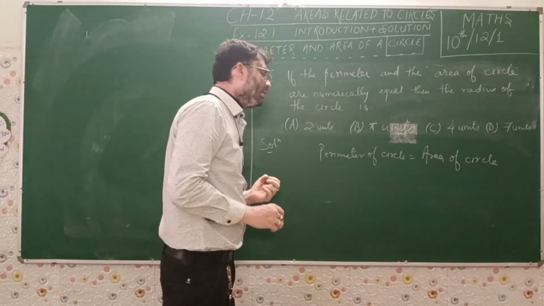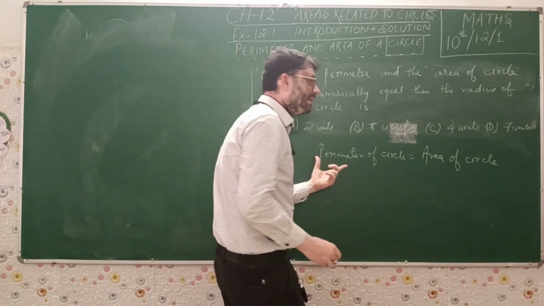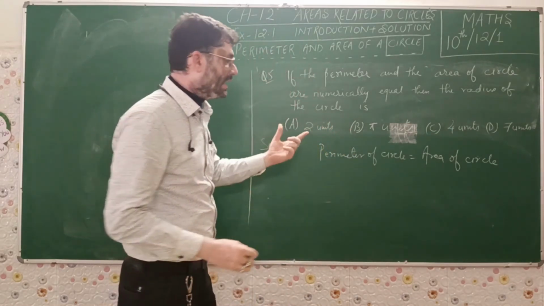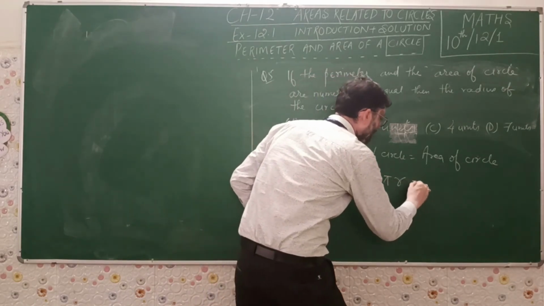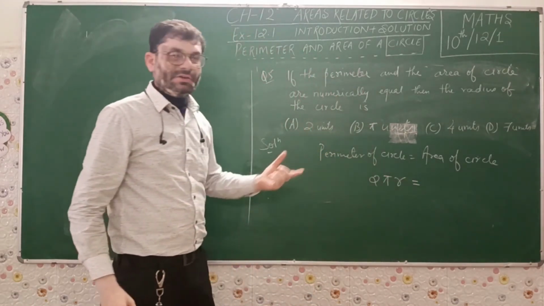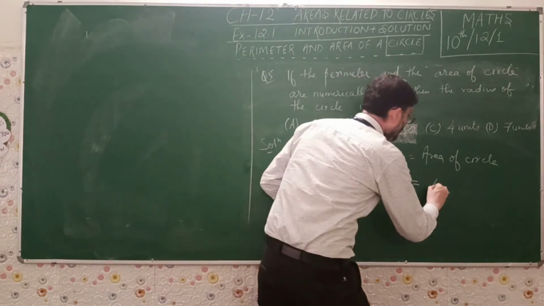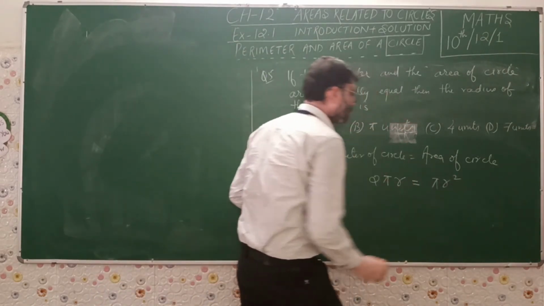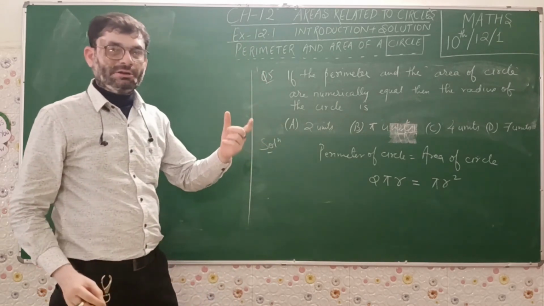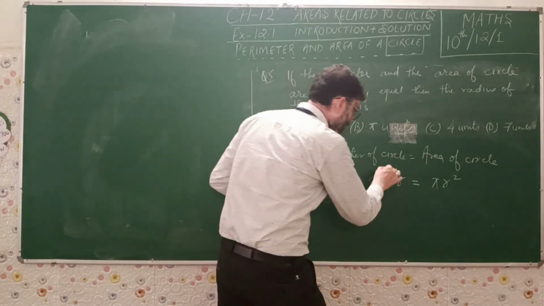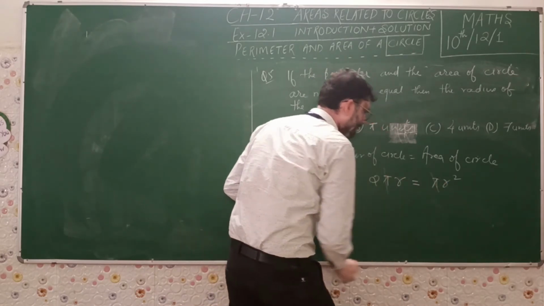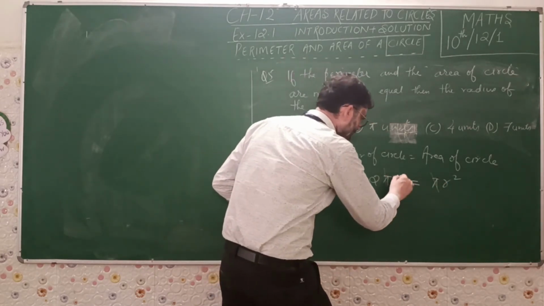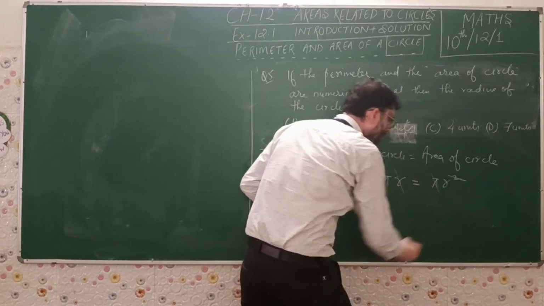So what is the formula for the perimeter of the circle? Perimeter means the circumference of the circle, and it is given by the formula 2 pi r. That is equal to the area of the circle, given by the formula pi r square for a circle of radius r. If you solve it, this pi and this pi cancel. Again, this r and this r also cancel.